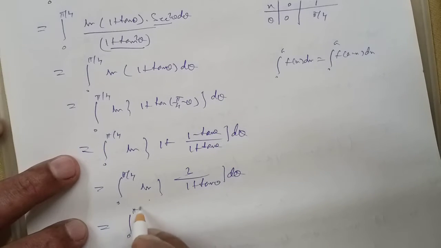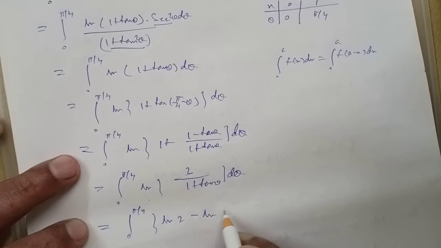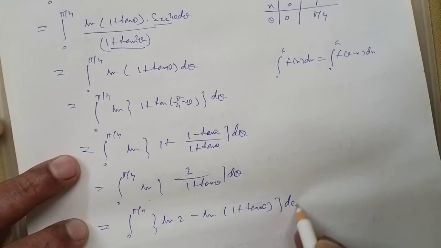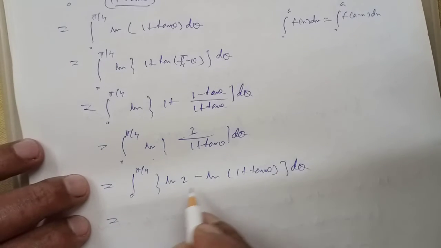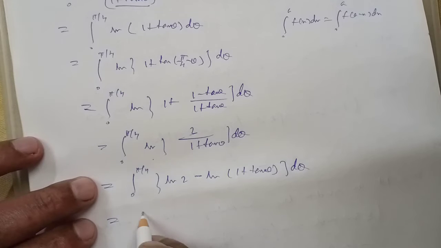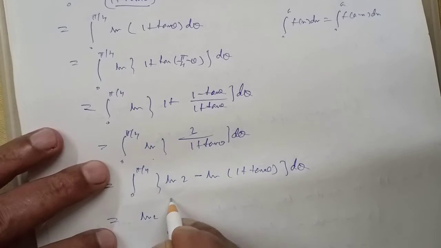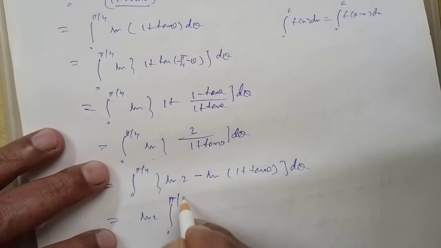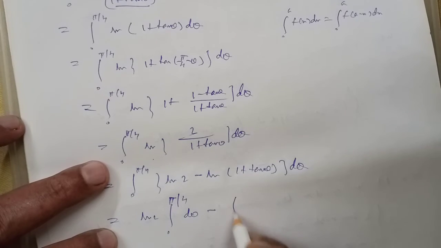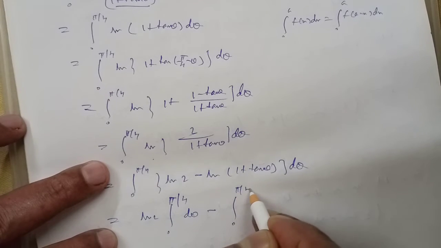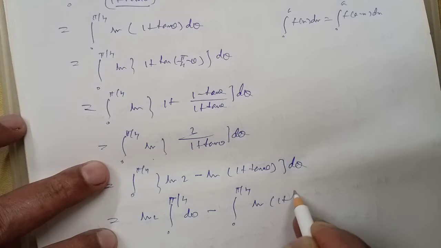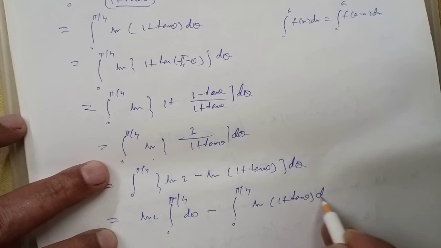Now we can write it as 0 to pi by 4 ln 2 minus ln of (1 plus tan theta) d theta. Now decompose it: we get ln 2 integral 0 to pi by 4 d theta minus integration 0 to pi by 4 ln of 1 plus tan theta d theta.